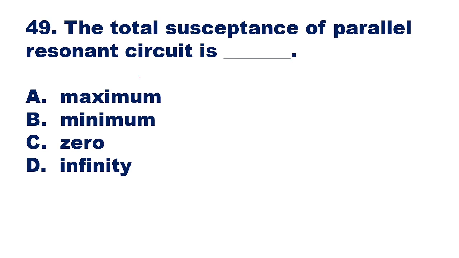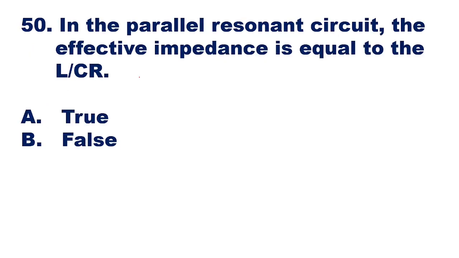Minimum means less current is going to flow at resonance for parallel because the impedance will be maximum. So the total susceptance of parallel resonance circuit is minimum, and ideally it is 0. So option C is the right answer here. Then we'll go to the next question.